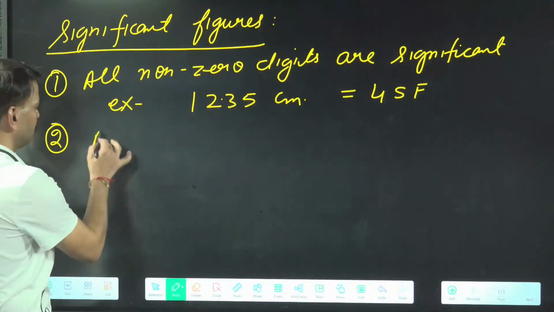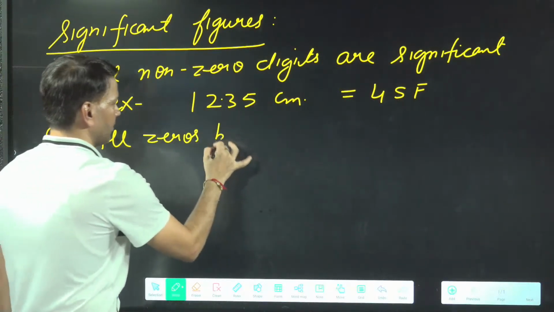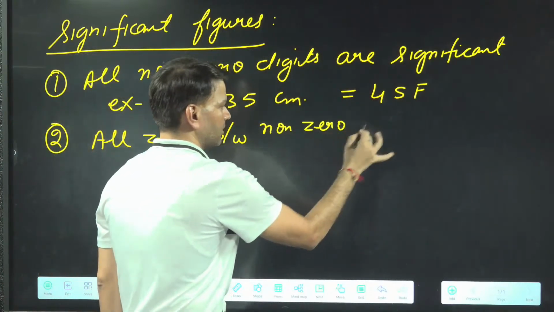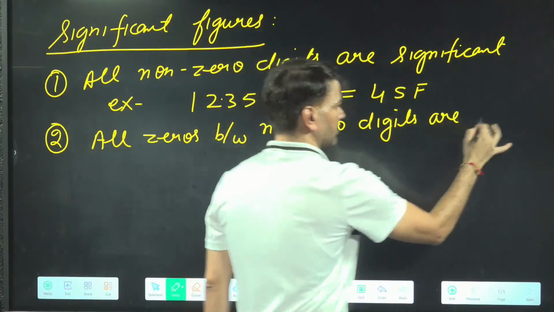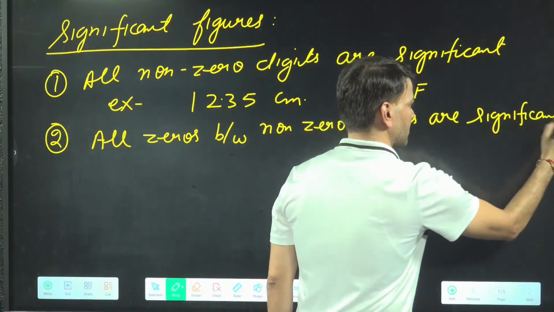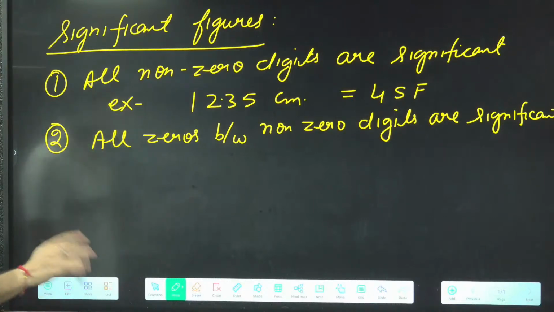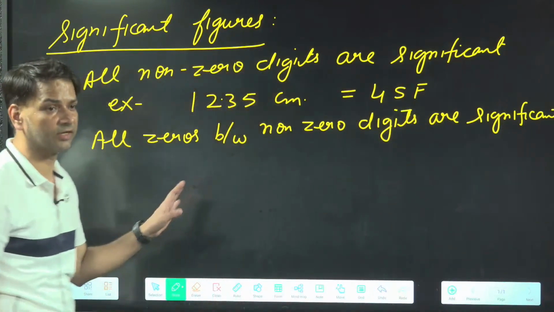Rule number 2: all zeros between non-zero digits are significant. So all zeros between non-zero digits we take as significant.